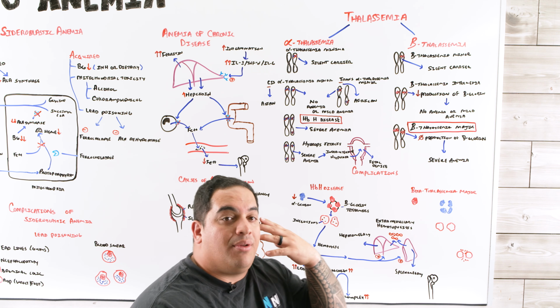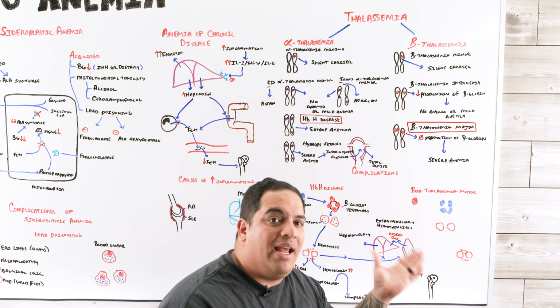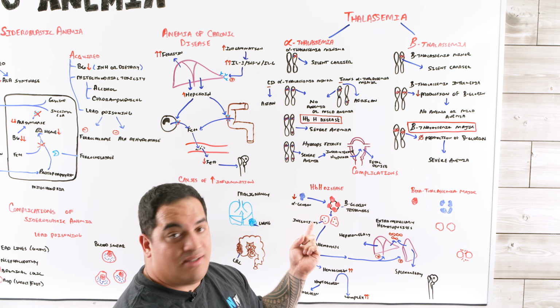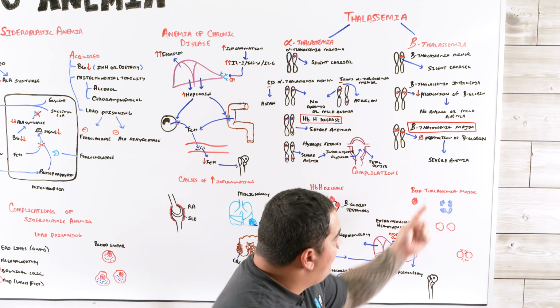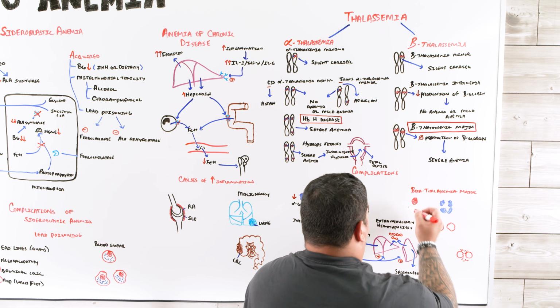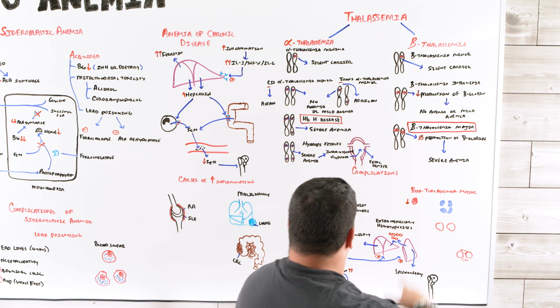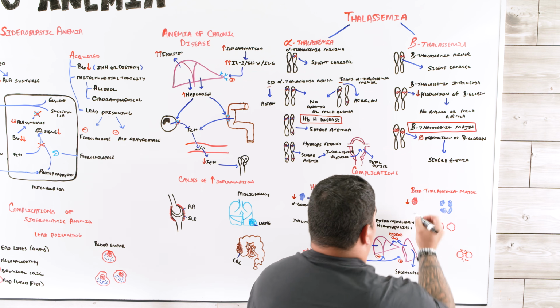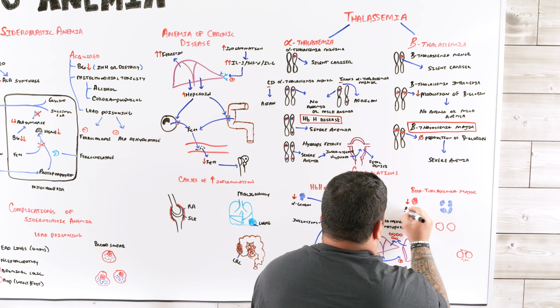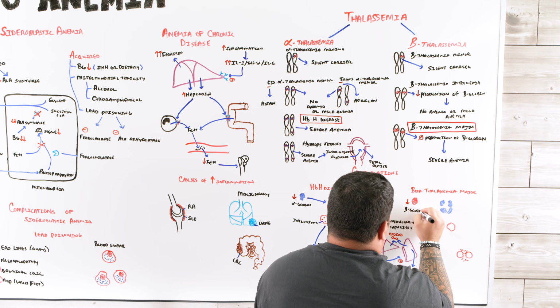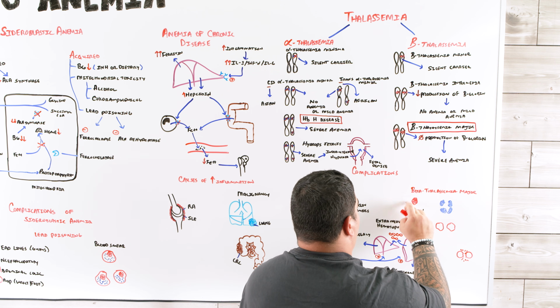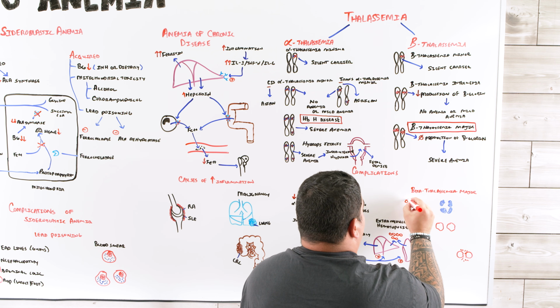But how could I also think this leans more to the beta thalassemia camp than the alpha thalassemia camp? With beta thalassemia major, there is an absence of the beta globin.